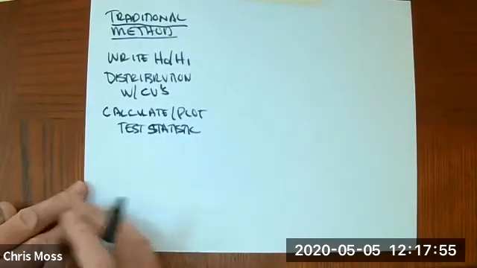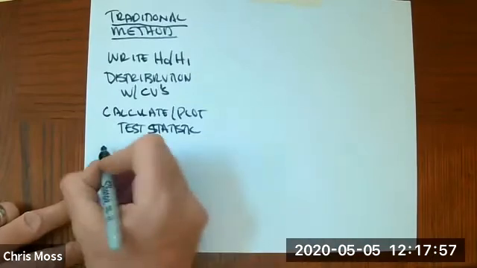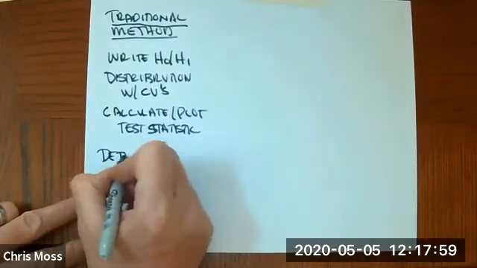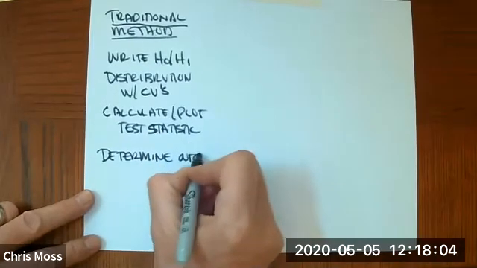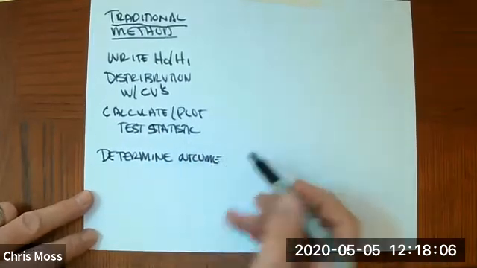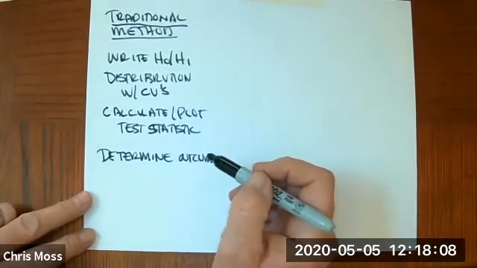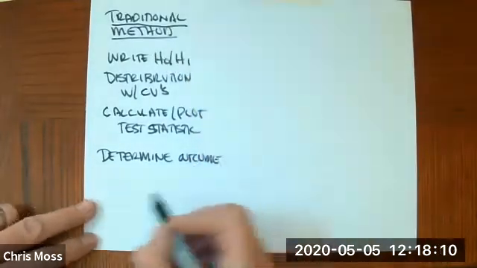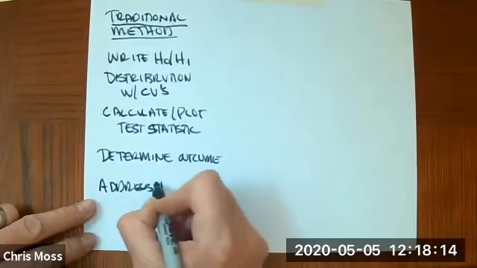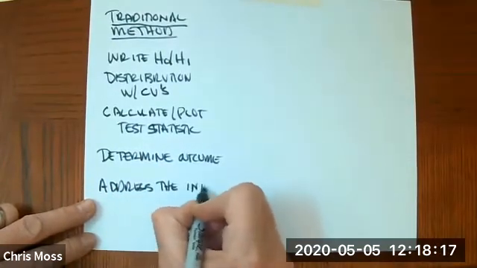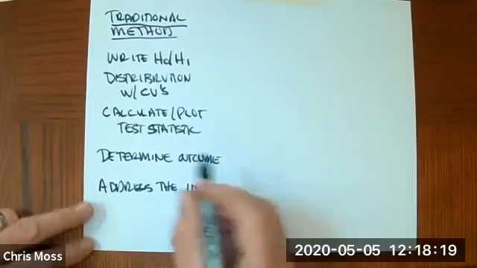Once I've done that, I can determine the outcome of the test, that would be to reject or fail to reject the null hypothesis. And then finally, I address the initial claim.